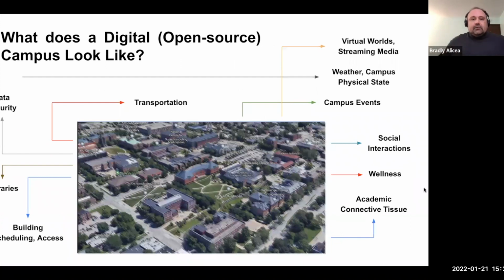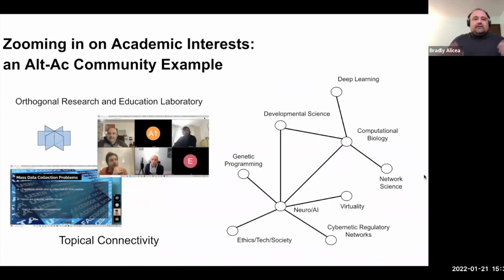So we have to think about what an open source academic organization looks like. This is an example of a typical campus. You have a lot of sub-functions that are running all the time. You have transportation systems, campus events, social interactions, building scheduling. Those are all things in a physical campus that affect how it operates and how people interact with one another. If we can model and understand those, we can better mitigate some of these effects. We also have alt-academic communities.